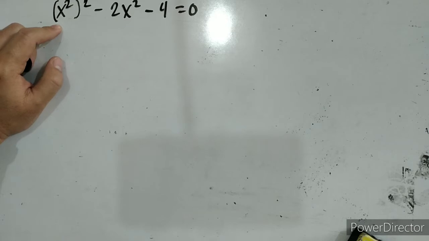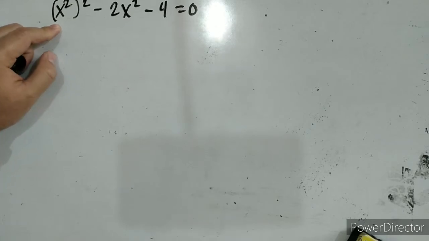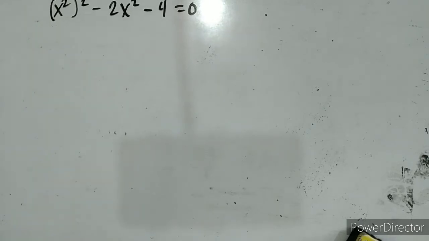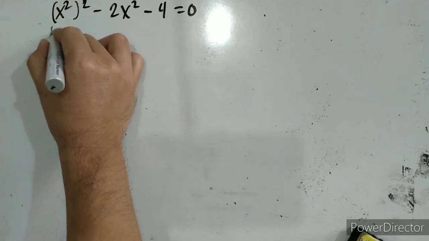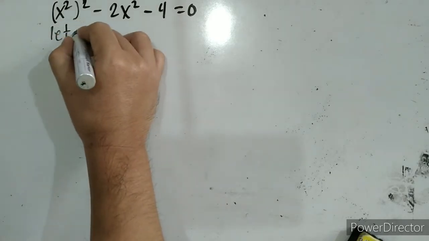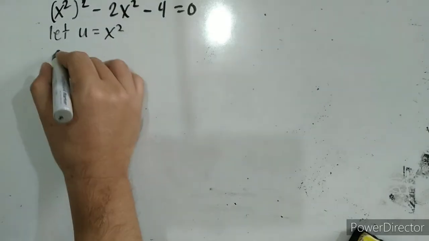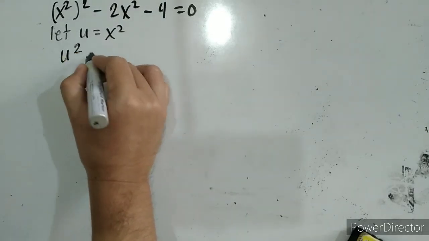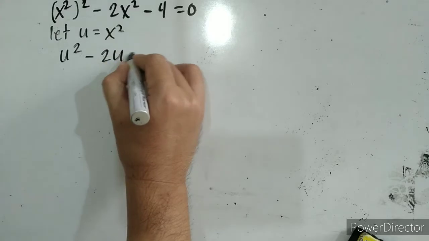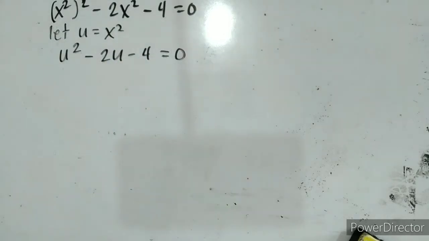We can see that this forms a quadratic equation. Let u be equal to x squared. We have u squared minus 2u minus 4 equals 0.